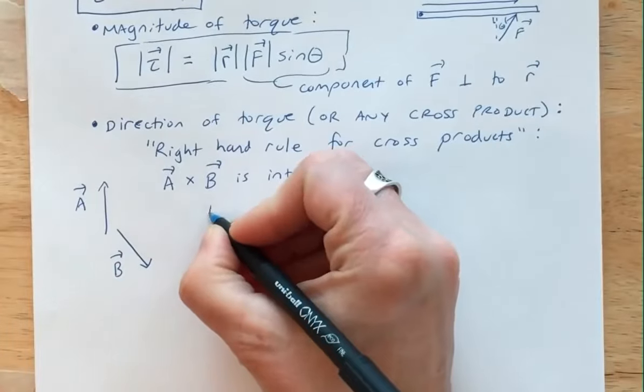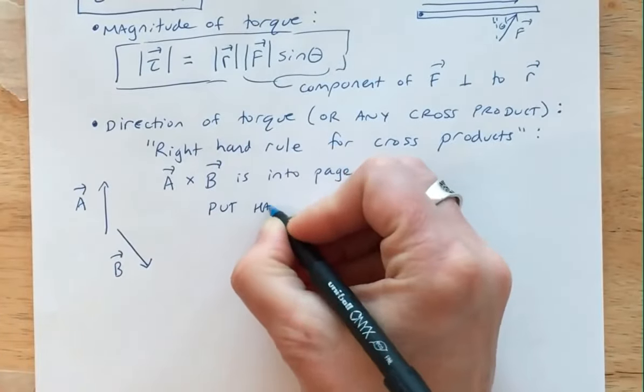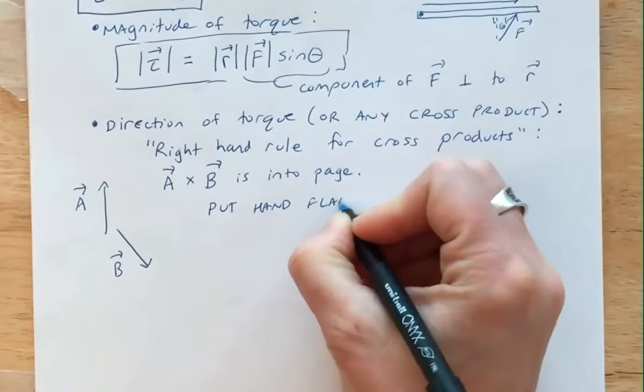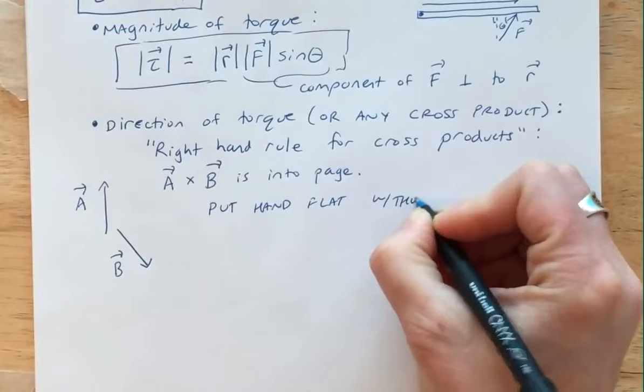So let's summarize that very quickly. You're going to put your hand flat with your thumb out.